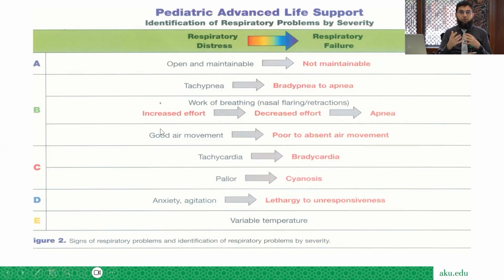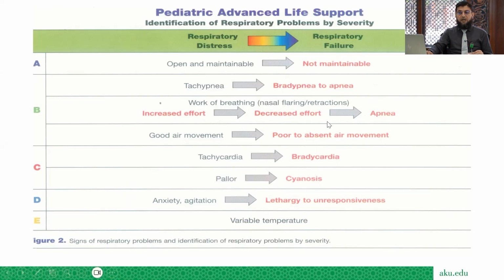These are imminent signs of respiratory failure, but they are signs of respiratory distress. However, if they have developed decreased effort or have become apneic, then these are signs of respiratory failure. If there is good air movement, you can hear it with the stethoscope, and definitely these are signs of distress. However, if there is poor to absent air movement, then these are signs of respiratory failure.